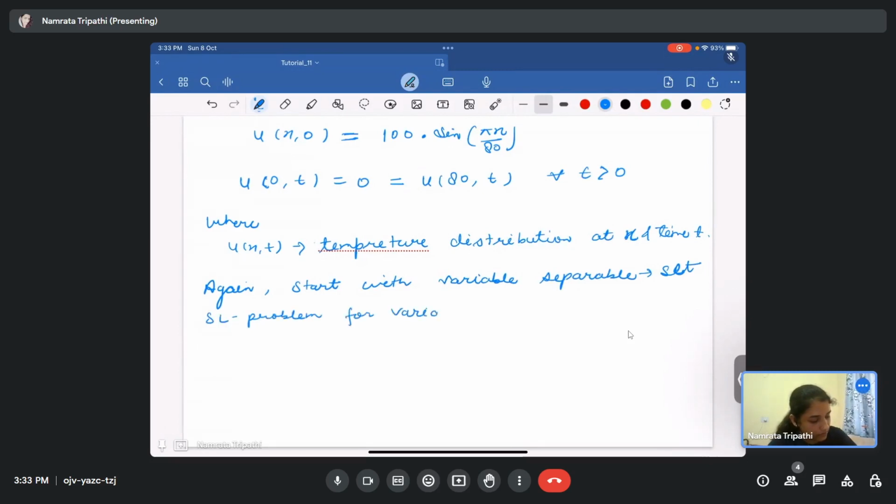I'm just telling the steps. Using eigenvalue, find solution for t, and by principle of superposition, we obtain the solution.